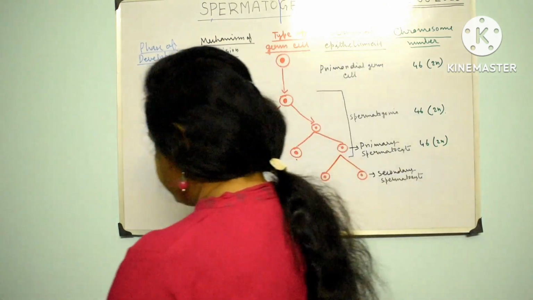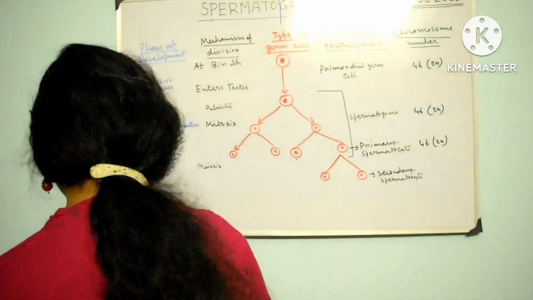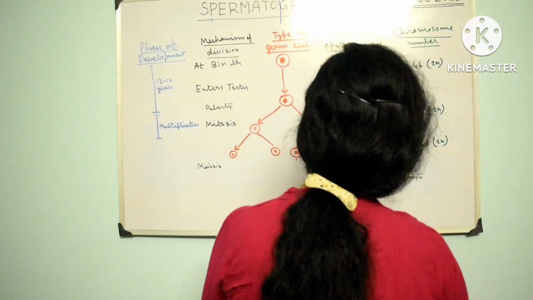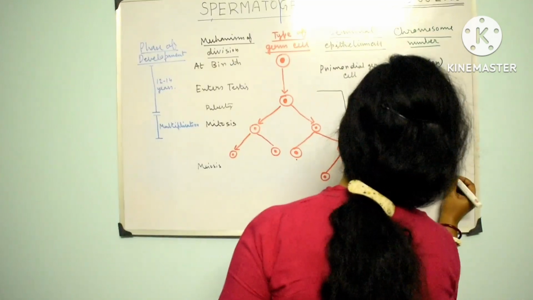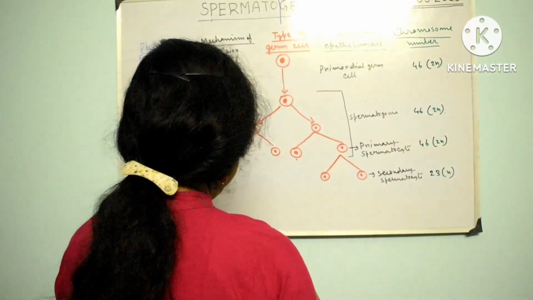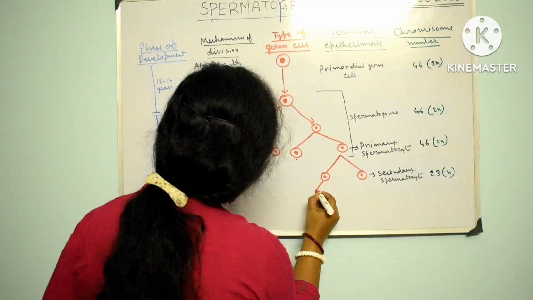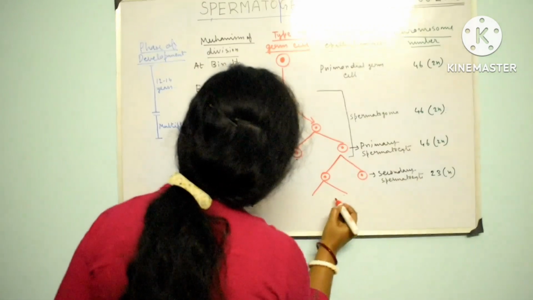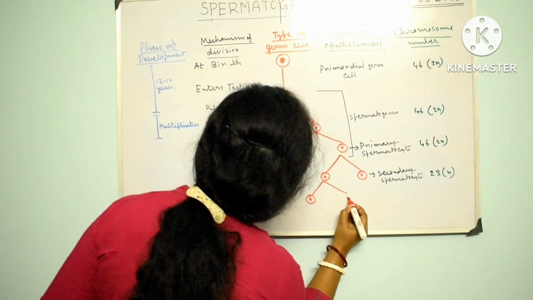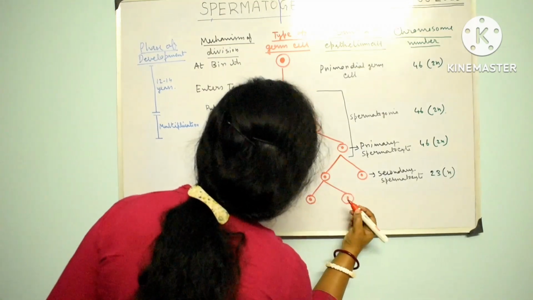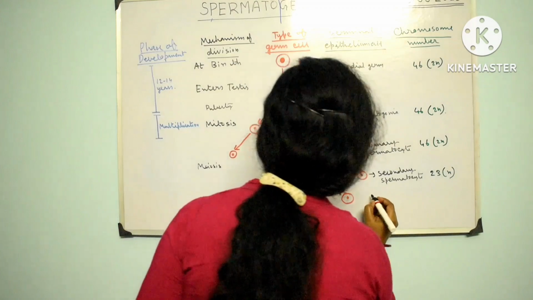Here meiosis division occurs and the chromosome number becomes half, n. Next step, this one is the spermatid.